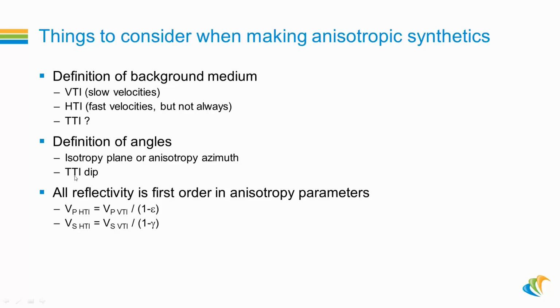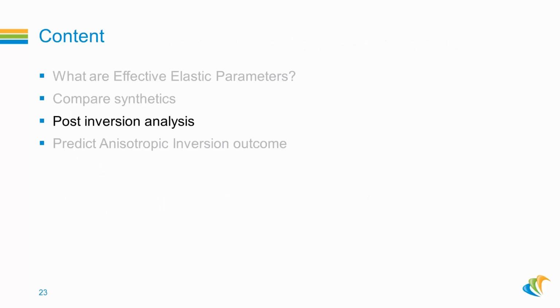So again, it could be a 90 degree difference. And also one must realize that if you use the Thomsen parameters and the Rüger equations, all reflectivity is first order in the anisotropy parameters. So if you translate your HTI velocities to VTI velocities, those equations are linear. Just a few things to consider when making synthetics.